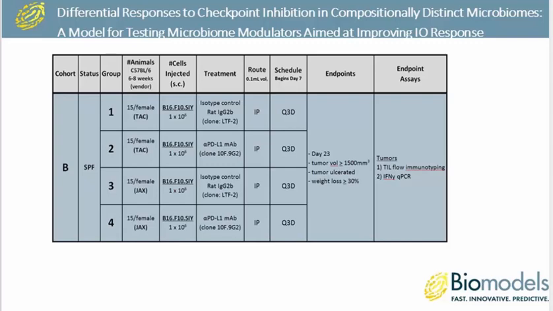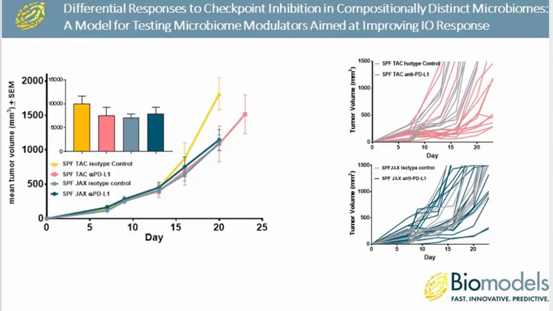And we looked at how they responded in a B16F10 melanoma model to a suboptimal dose of anti-PD-L1 checkpoint inhibitor therapy. And this was replicating a paper from the Jabri lab from the University of Chicago.